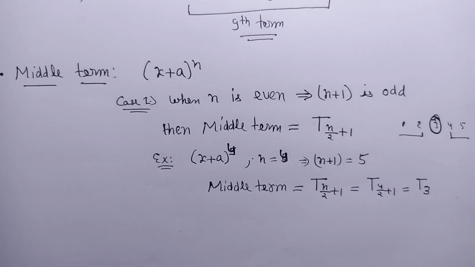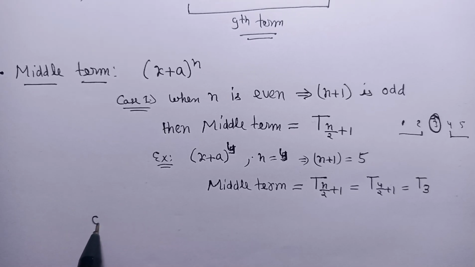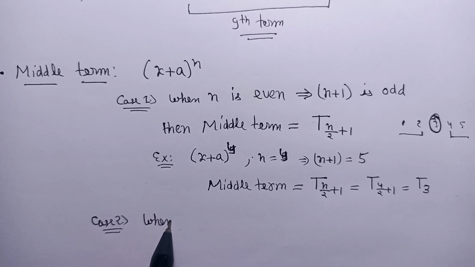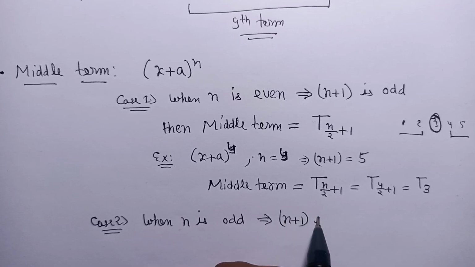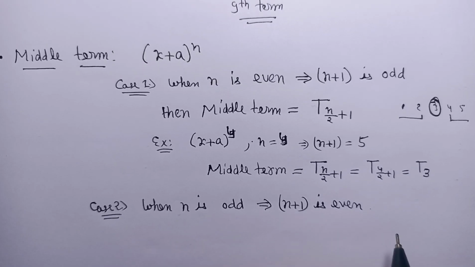This is case 1. Similarly, you have case 2, when n is odd. When n is odd, that means n plus 1 is even. So there will be 2 middle terms, because suppose you have 1, 2, 3, 4. What are the middle terms? You cannot say 2 is the middle term or 3 is the middle term, so you have to assume 2 middle terms, this one and this one.